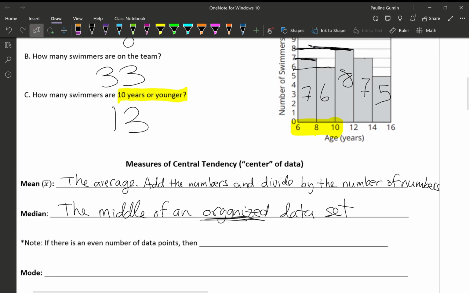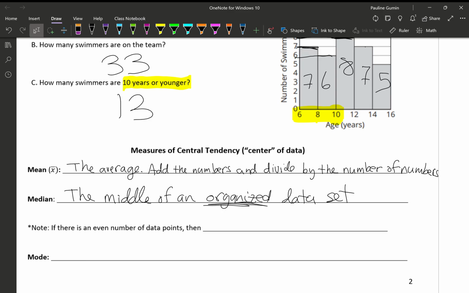We do have to keep in mind that an even number of data points doesn't have an exact middle. It just splits in half. There's no specific number in the middle. What we do is take the mean. So we're going to add the 2 middle numbers and divide by 2.